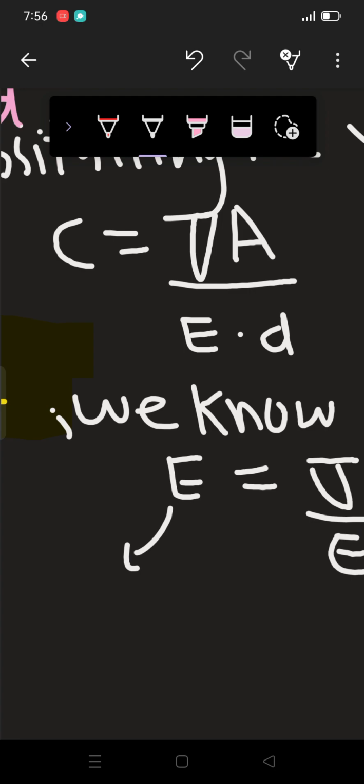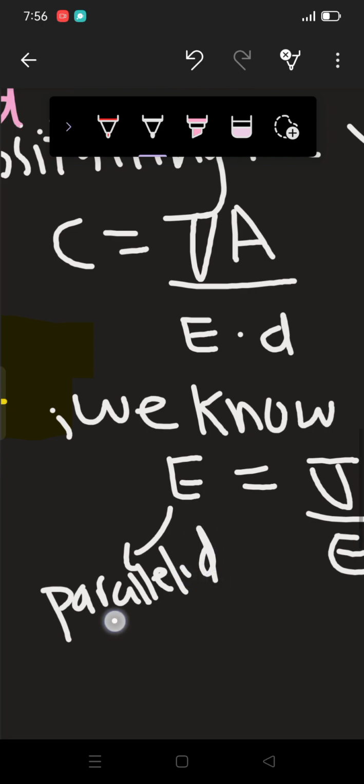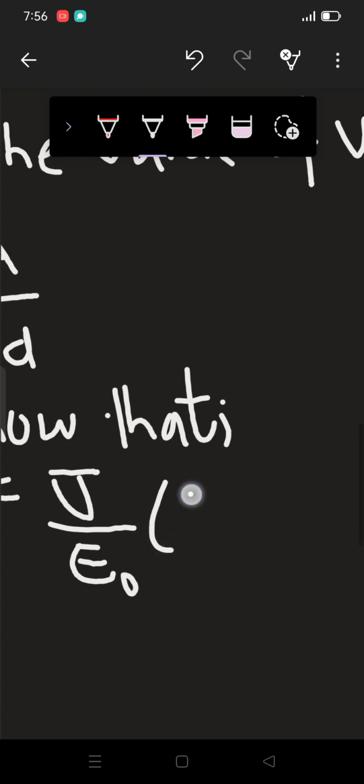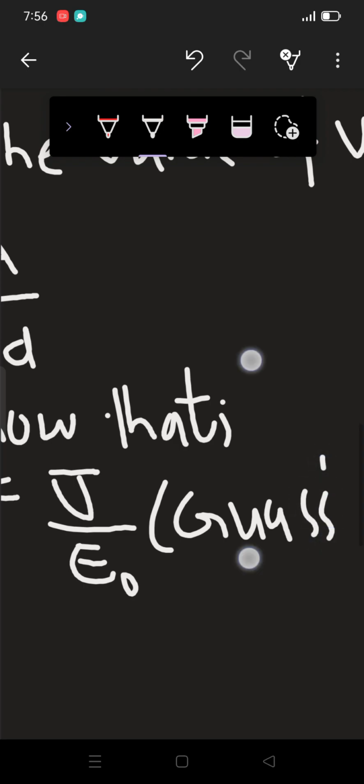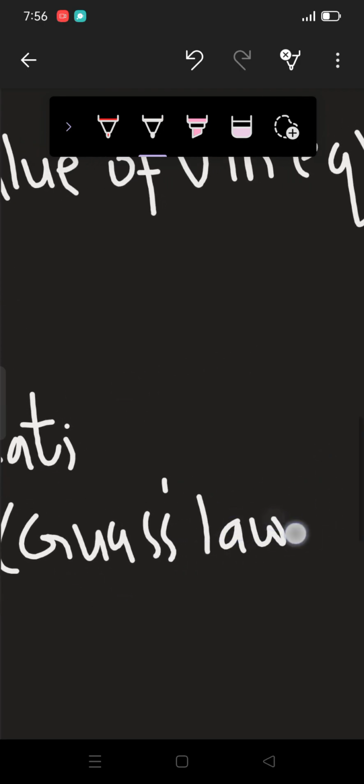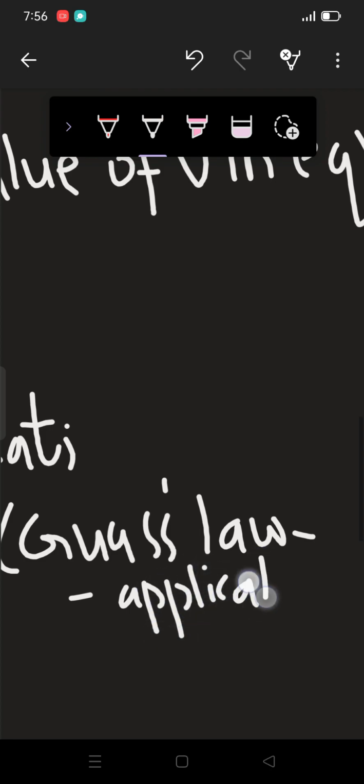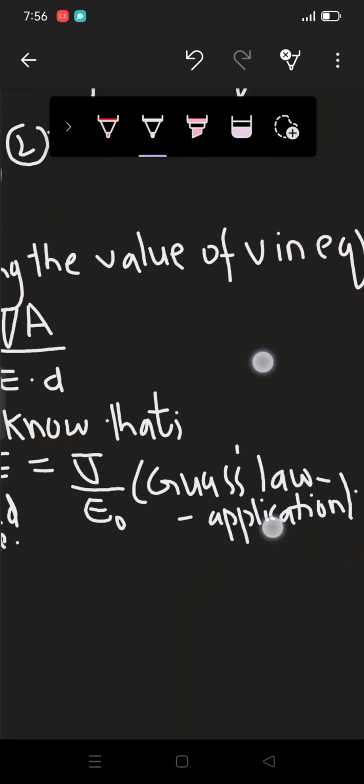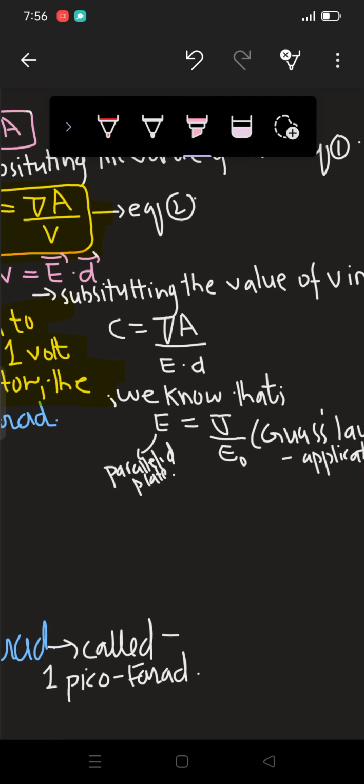This is for a parallel plate, and this is what we call the Gauss law application. This is very important, so let me highlight this.